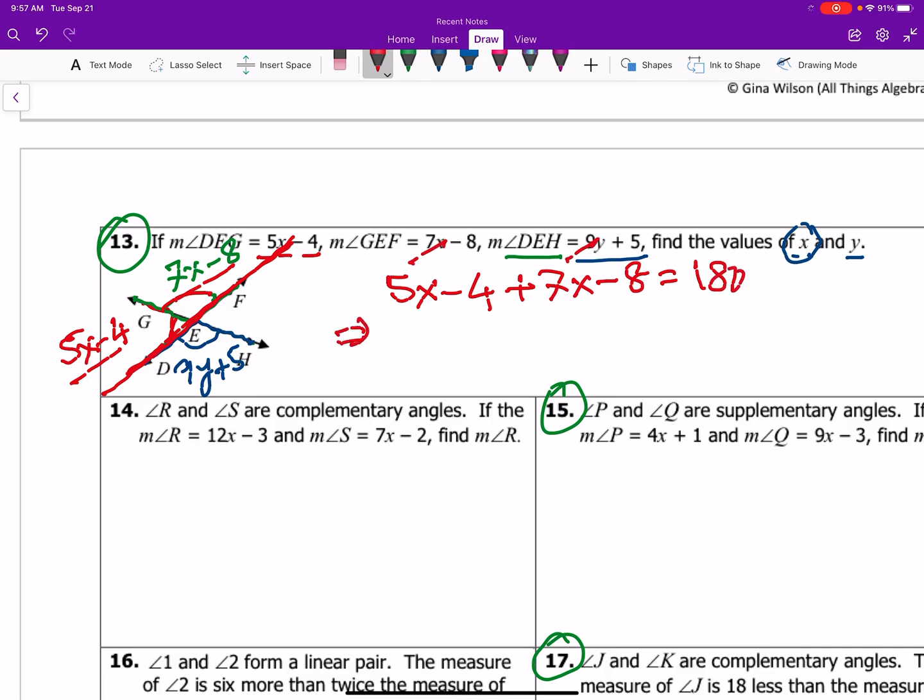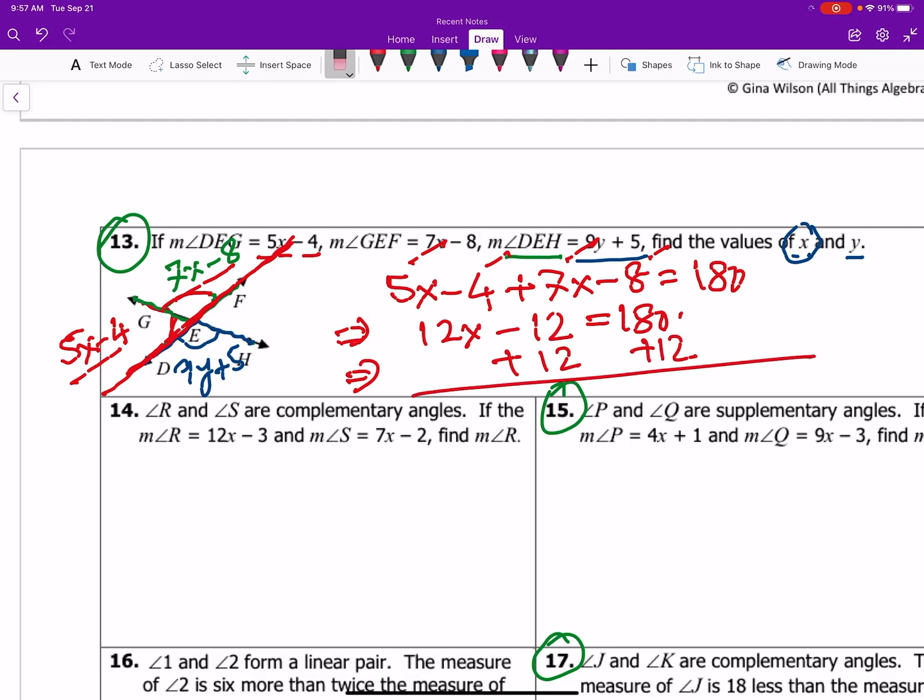Like terms 5x and 7x give 12x, and negative 4 and negative 8, same sign, give negative 12, equals 180. We can add 12 to cancel this out. I'm writing it down so it becomes clear.